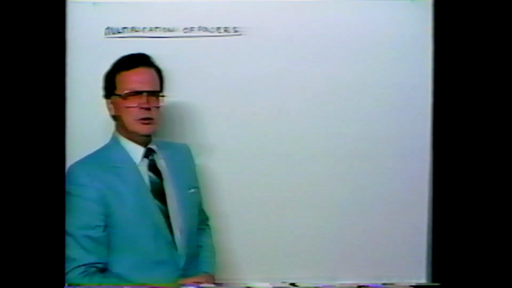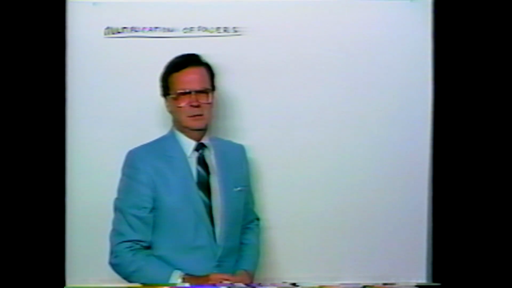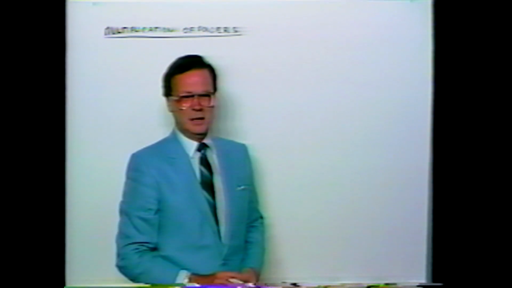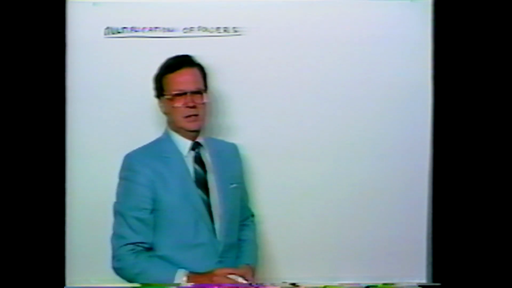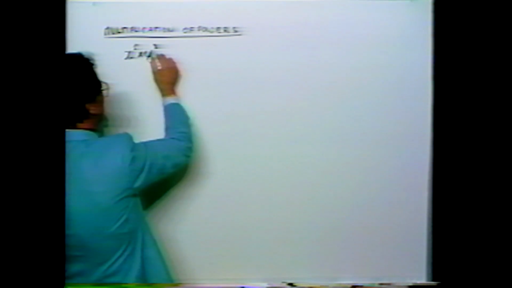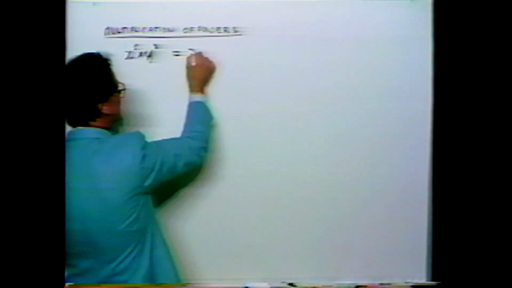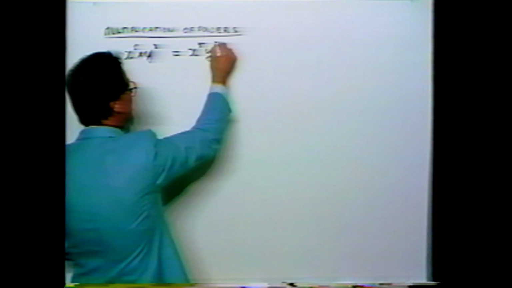The next topic in the study of exponents is the multiplication of powers. If two powers, such as x to the 5th and y to the 3rd, are multiplied, nothing can be done to the expression except to write it in the following way. x to the 5th times y to the 3rd can only be expressed as x to the 5th, y to the 3rd.